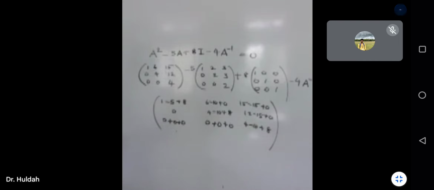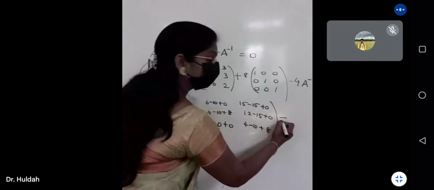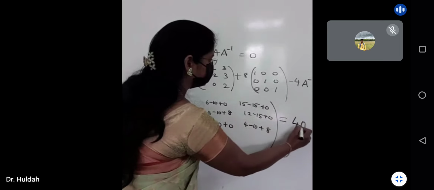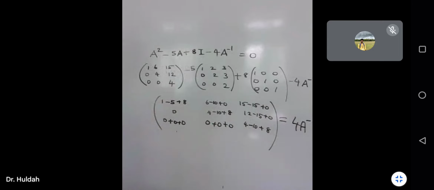Check if I'm right. Now can I take this that side? This is equal to 4A inverse. Let us simplify this matrix. 4, minus 4, 0, 0.